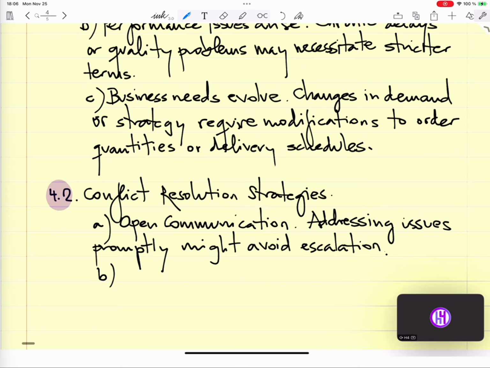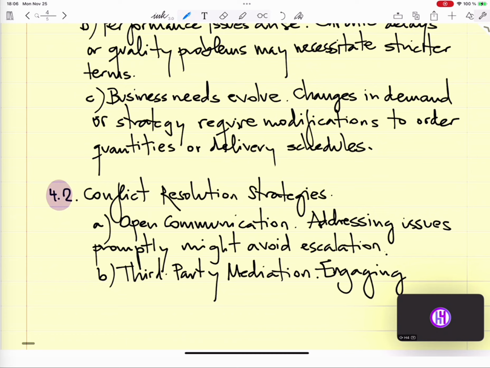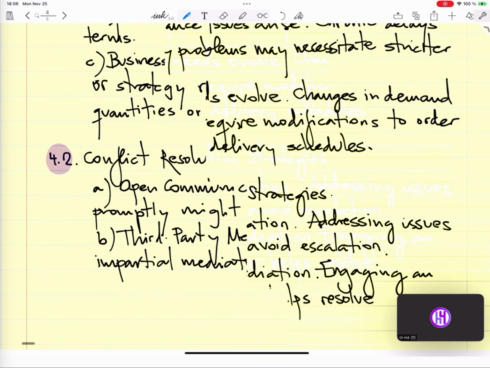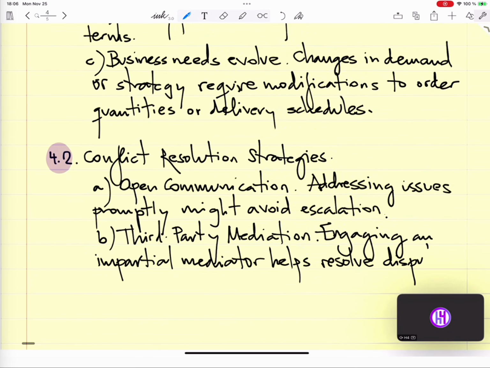Okay. So third-party mediation is also a strategy. Engaging an impartial mediator helps resolve disputes objectively.